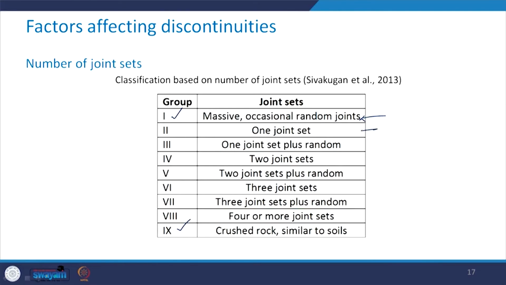One joint set, second group. Likewise, the number of joint sets keeps increasing and the group keeps changing from 1 to group 9. The description has been given here.